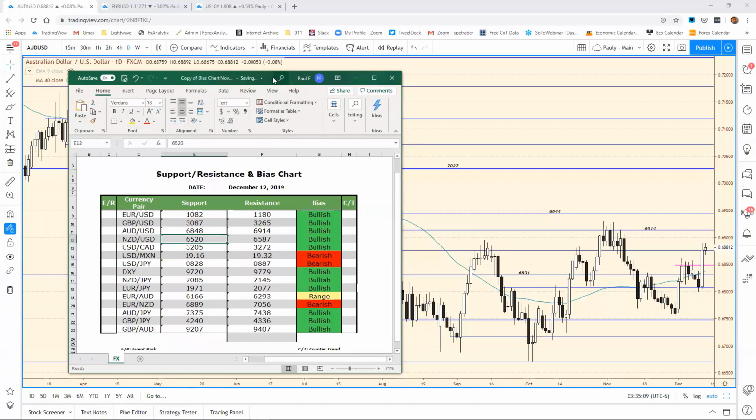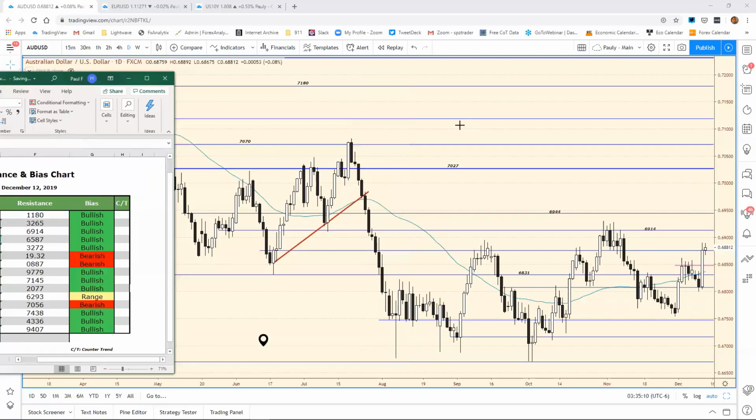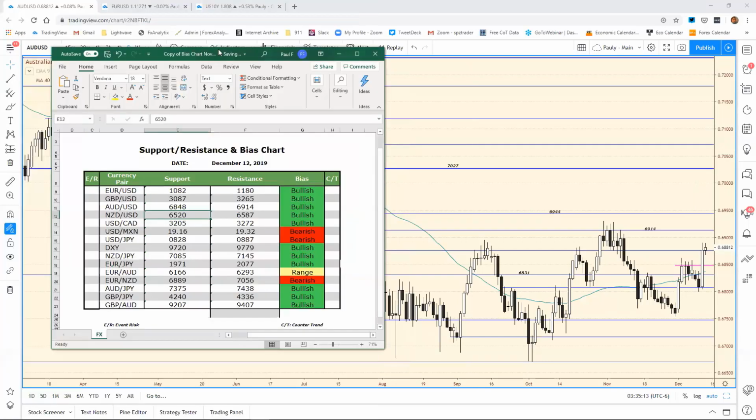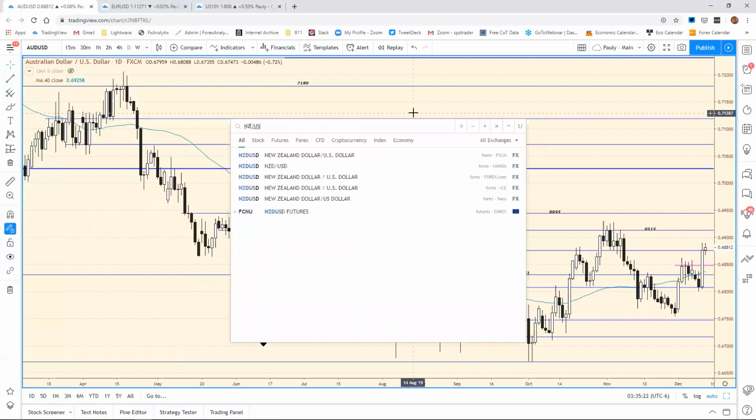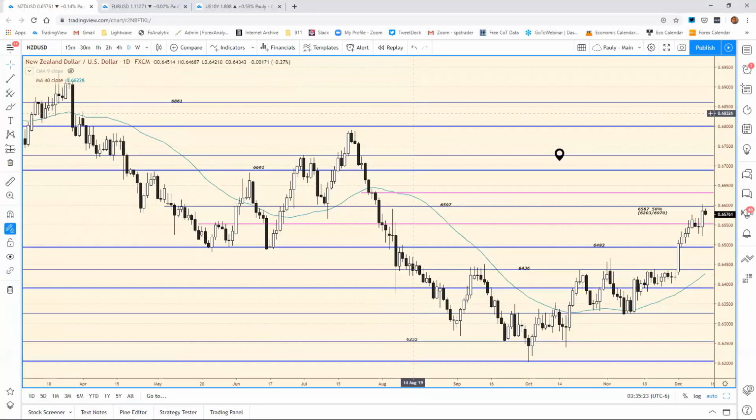And let's go move into the Kiwi. Okay, so the Kiwi closed just ahead of the bias chart resistance of 65.87.